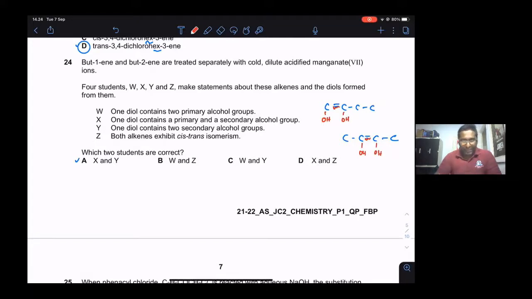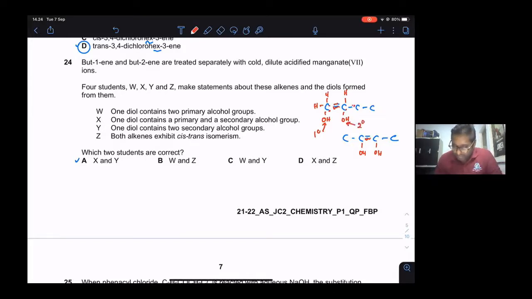Now, they are making some statements, and I need to find out which one is correct. Here they are looking into primary alcohol, secondary alcohol, and so on. I think it is better if we put H and then H. You can see that this alcohol carbon is bonded to one R group, so this one is going to be primary. If you look at this carbon over here, this is going to be hydrogen, bonded to one C and another C here, therefore this is going to be a secondary alcohol.